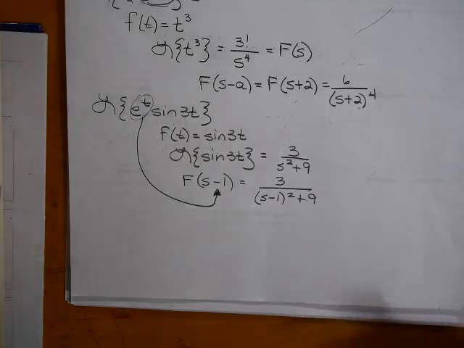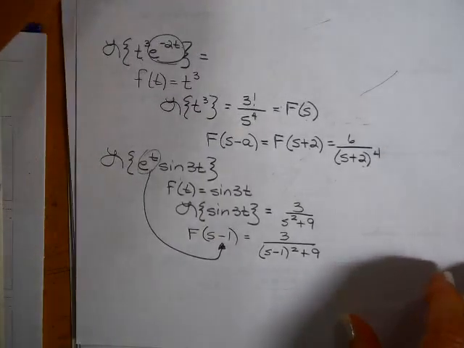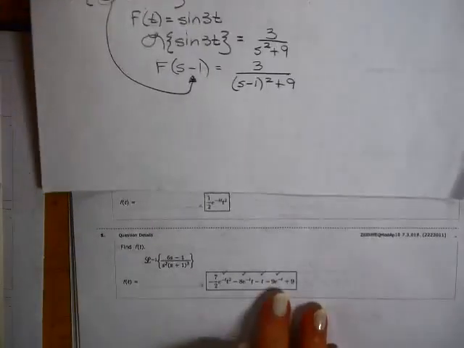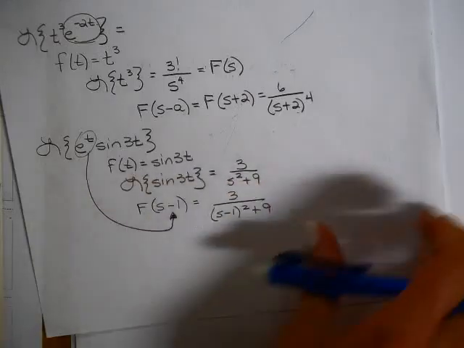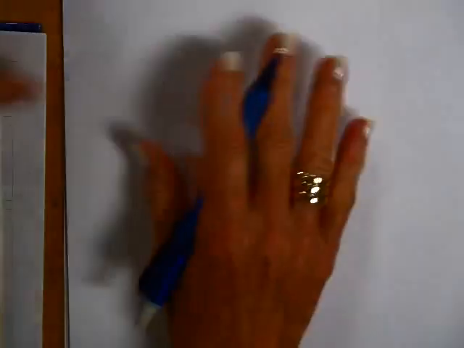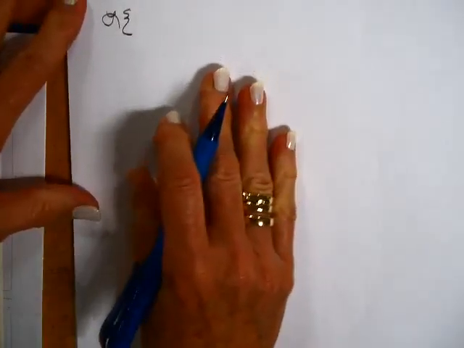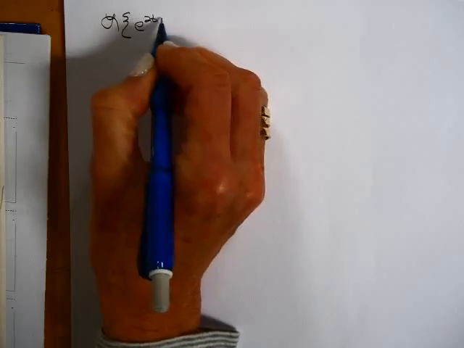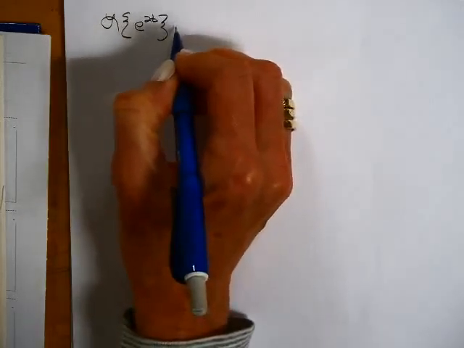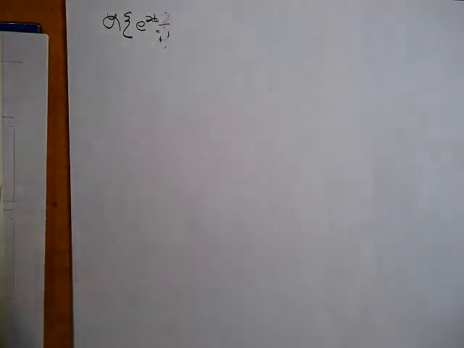Okay, if you have, is there a question? Or if you have one similar to, say, number 6. I need my formulas in front of me. All right, number 6 is the Laplace transform of e to the 2t times t minus 1 squared.